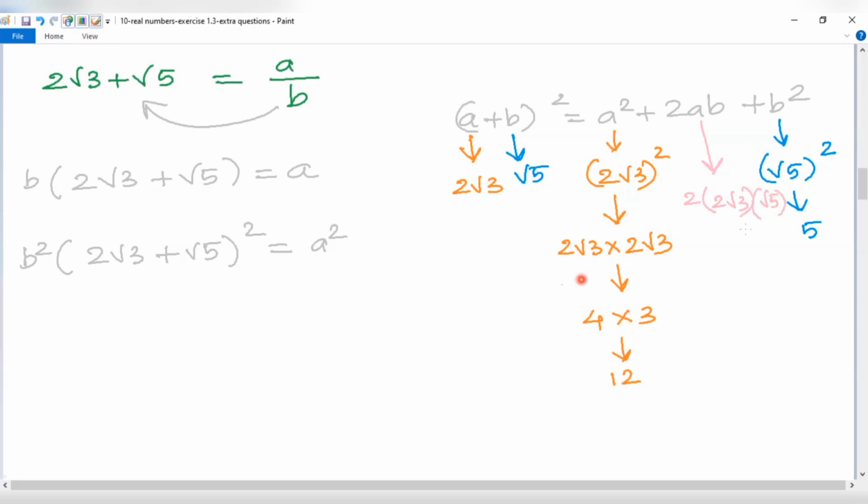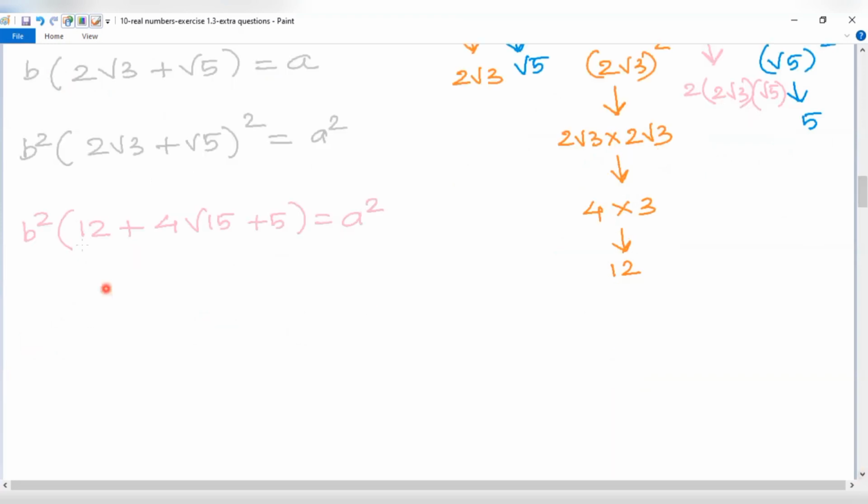So we will put all these values here. We have b square into 12 plus, here 2 into 2 is 4, 4 root 15, plus 5 is equal to a square.